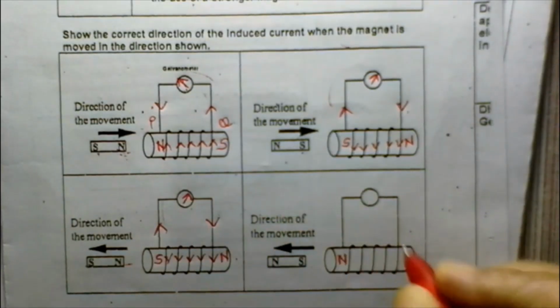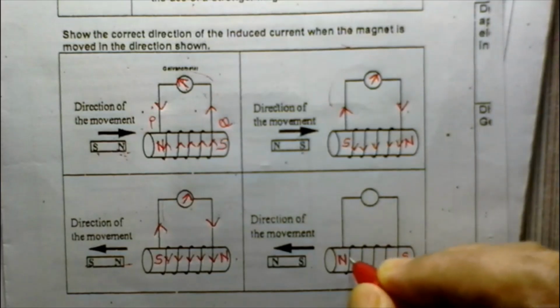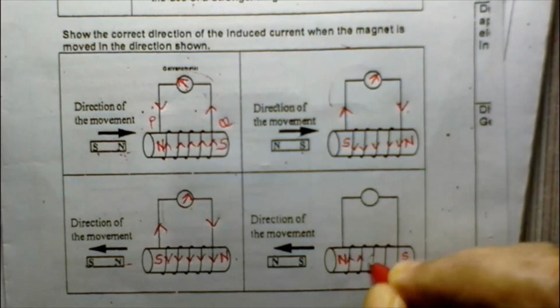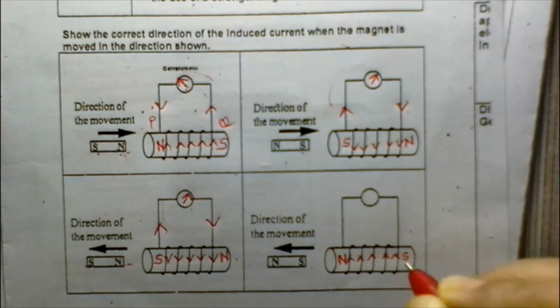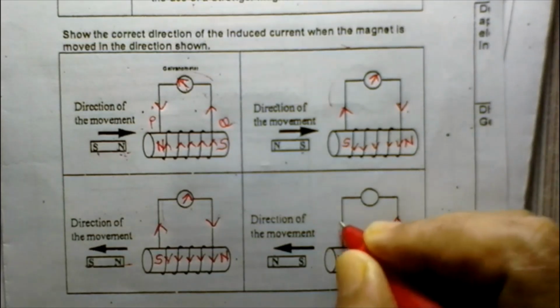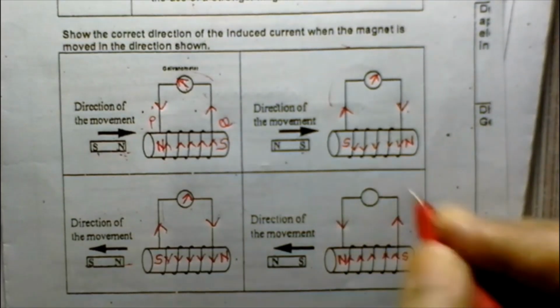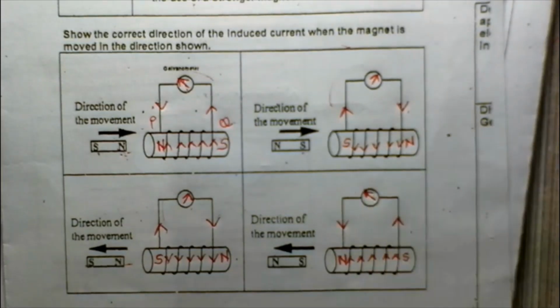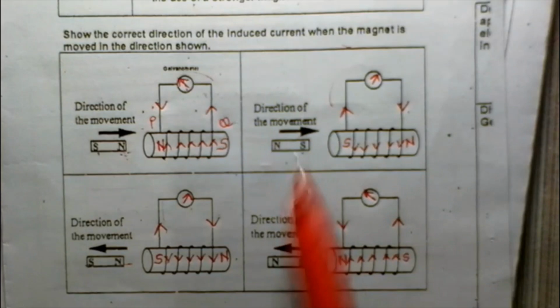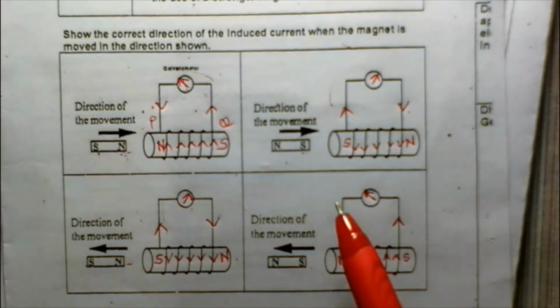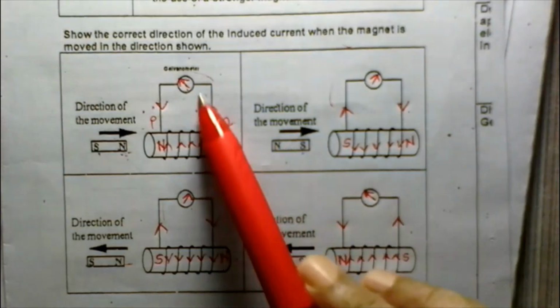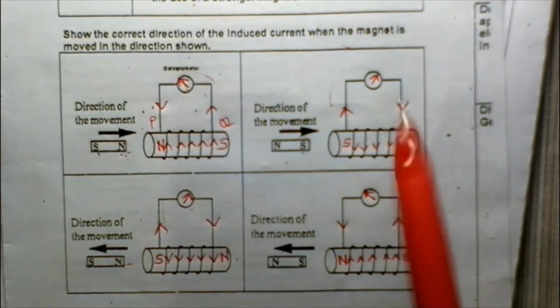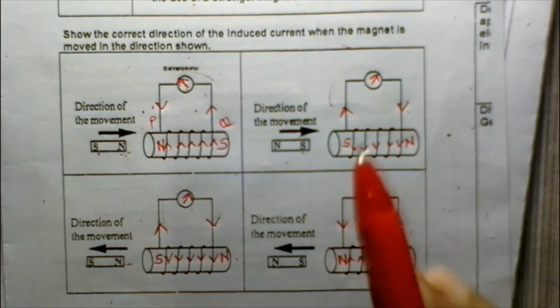Here is north, here is south. So the direction of induced current in the solenoid becomes like this, from right to left, deflect left. So we apply Lenz's law to determine the direction of induced current. This direction of induced current is determined by the deflection of the pointer of the galvanometer.